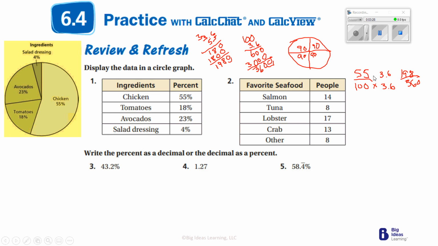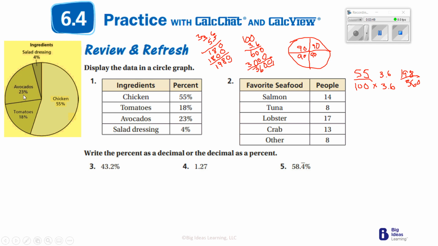When I do the same thing, when I multiply 3.6 to the bottom of every one of these, I'm putting 100 of them, and then multiply them to the top, I'm going to get these percents. So the tomato, 18%, is going to be represented here. It'll be 18 times 3.6. That'll tell us how many degrees here.